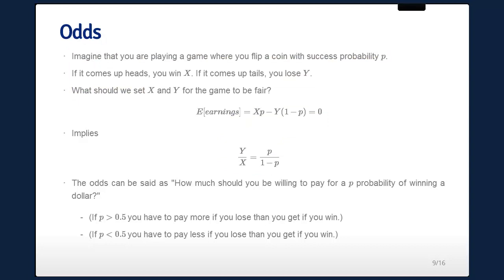Imagine we arbitrarily set X to $1. Then notice the right-hand side here is the odds. So y over 1 equals odds, in other words, if x equals 1, y equals the odds.